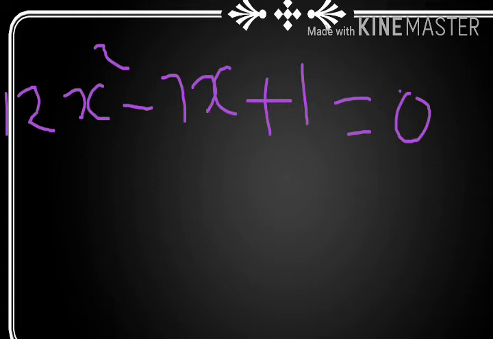The quadratic equation is 12x square minus 7x plus 1 equal 0. This is the given quadratic equation. So here we need to find the roots of this equation by the method of splitting the middle term.